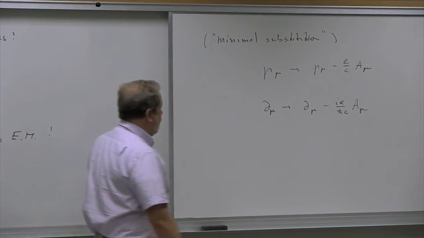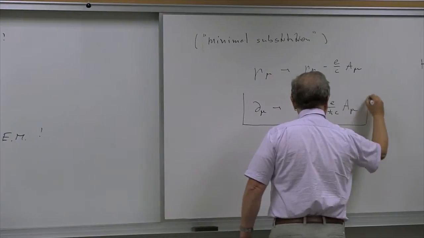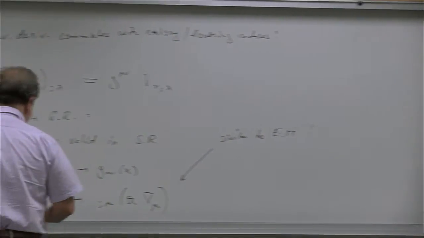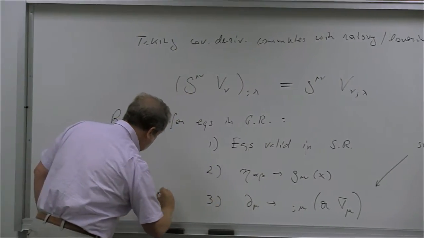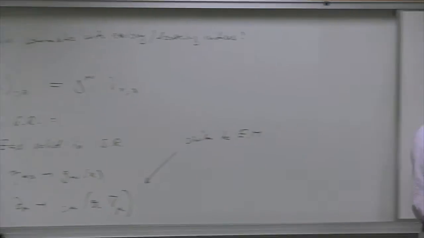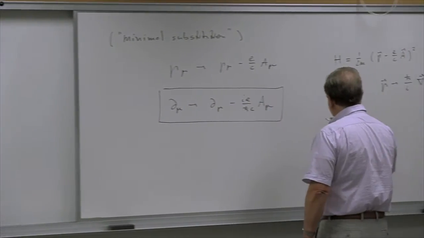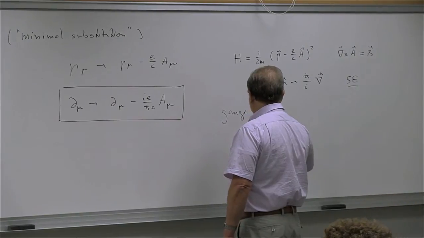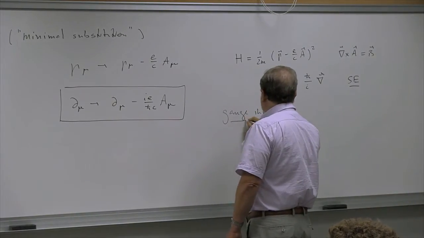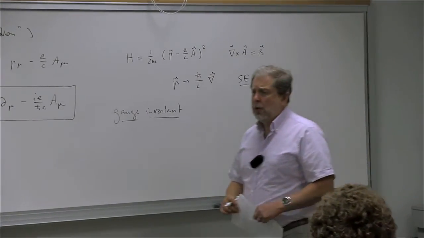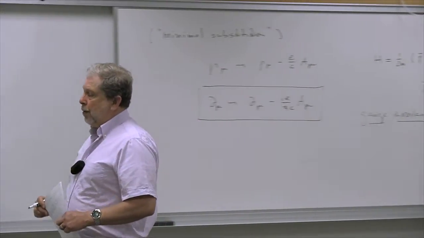This replacement in electromagnetism is very much similar to the replacement we are doing here, because this substitution ensures that you have a Schrödinger equation which is still gauge invariant, right?